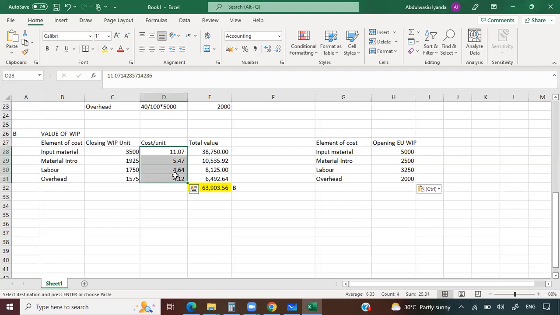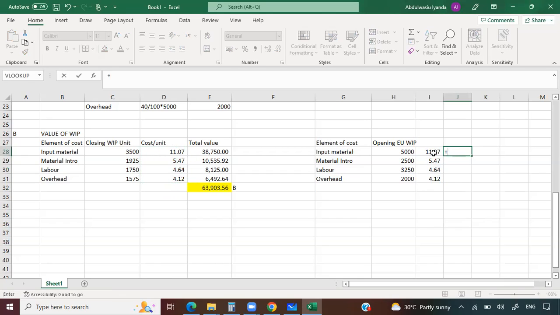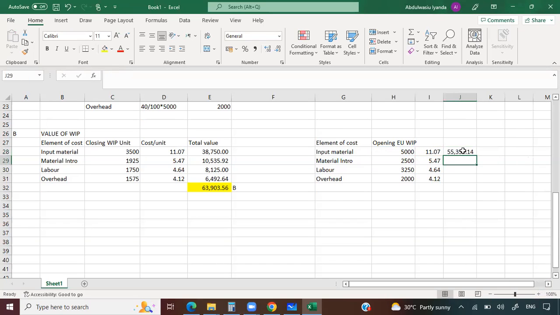The cost still remains the same. So this is it. This is FIFO, first in, first out.